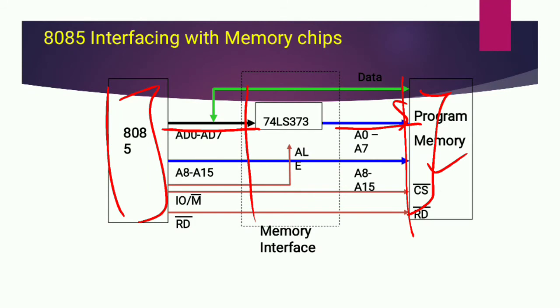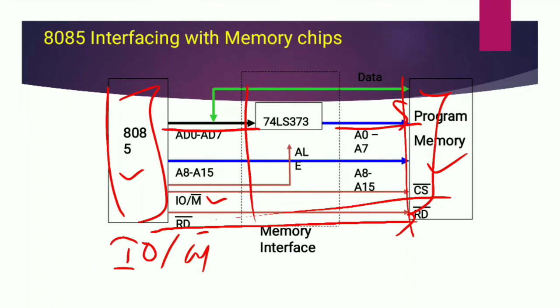When the 8085 wants to read from and write into the memory, it activates the IO/M bar signal.